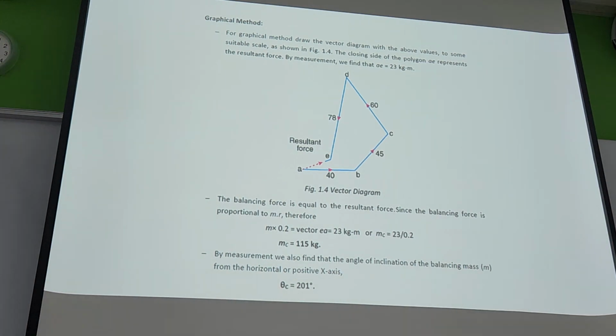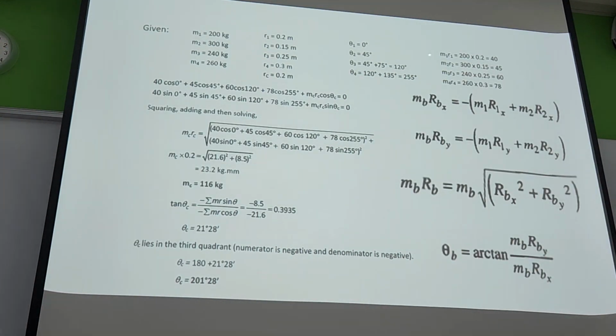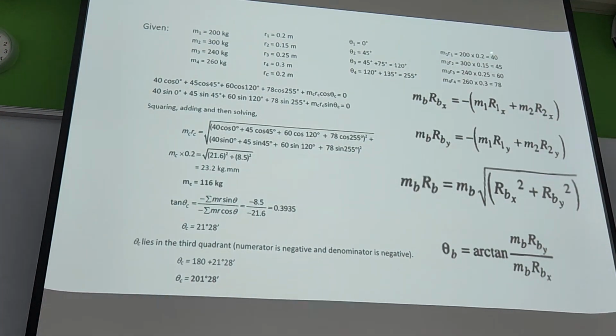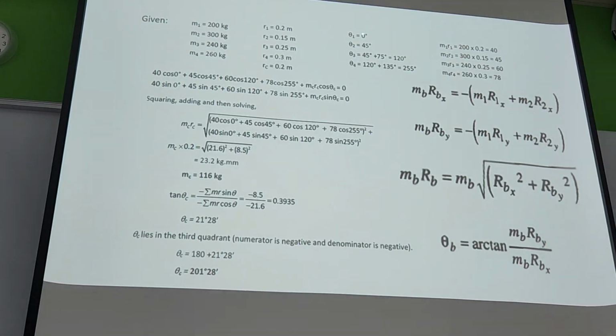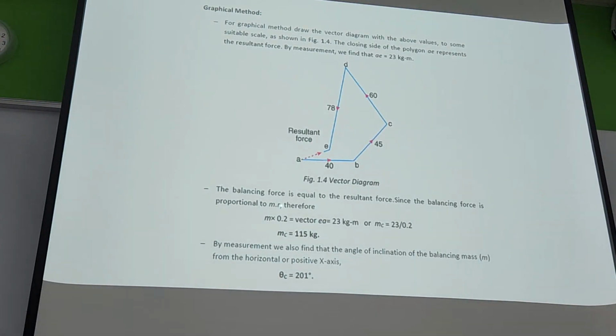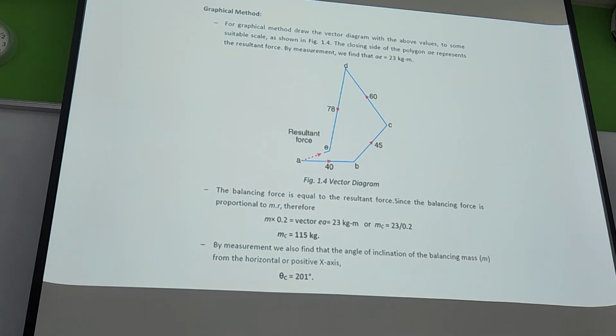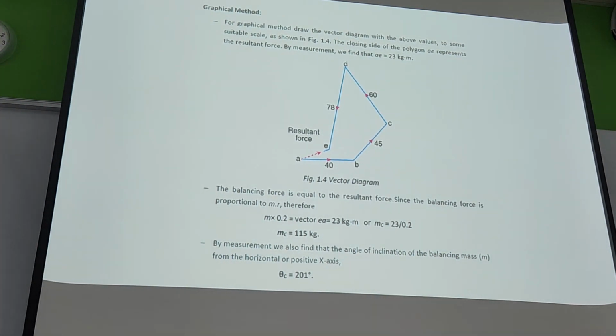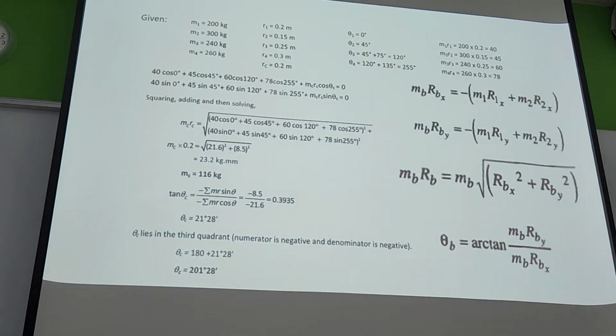M1R1, sorry. So you know the magnitude of M1R1 is 40 units, right? The orientation is 0 degrees. Okay. So now choose an appropriate XY coordinate axis. Draw 40 units horizontal, 0 degrees. So choose a scale factor, then draw this M1R1 at 0 degrees.